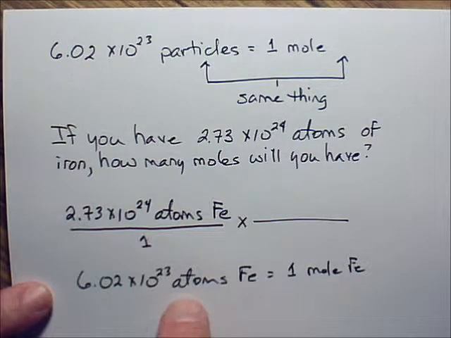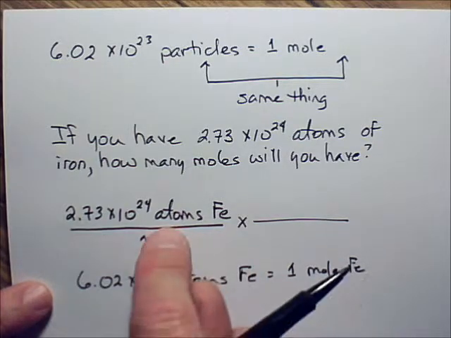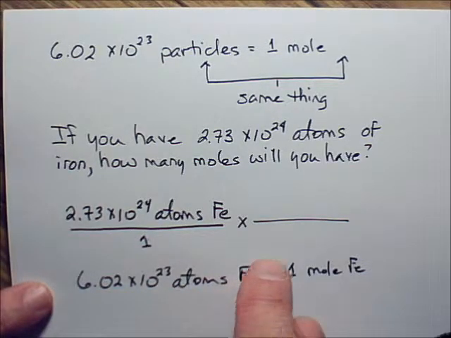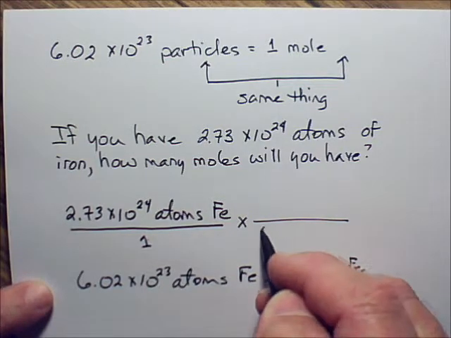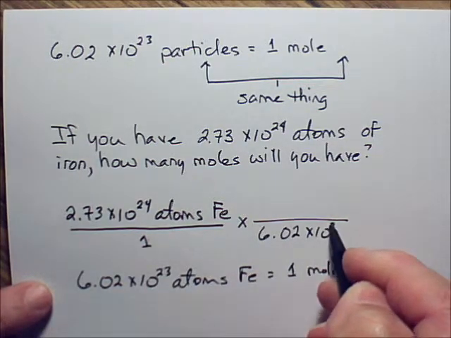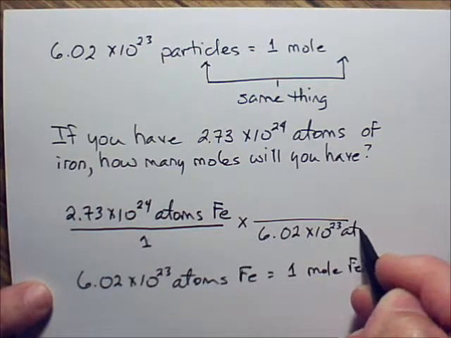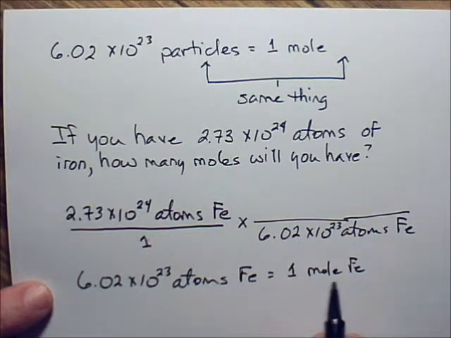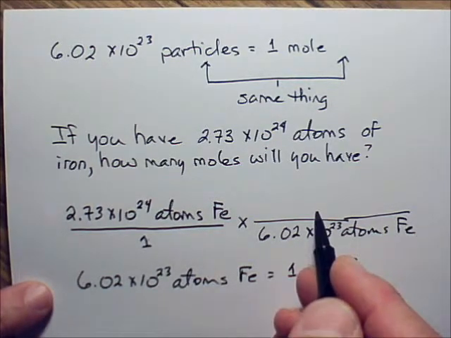So which side of the equality statement matches these units and species? This side here. So this number with these units and species are going to go on the bottom of our conversion unit. Exactly. 6.02 times 10 to the 23 atoms of iron goes on the bottom. The other side of the equality statement then can go on the top.